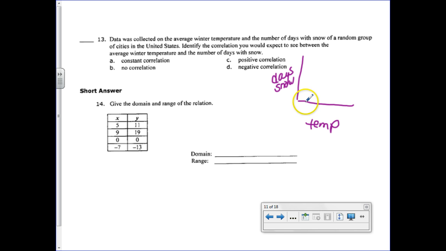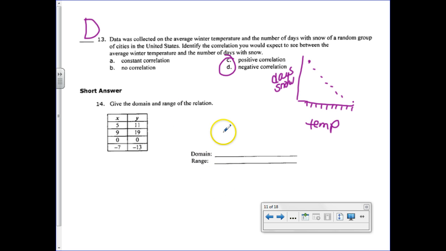As my temperature gets warmer, how many days would you have with snow when the temperature is really hot? You'd have next to none. But if the temperature was really cold, the likelihood of having days with snow would be higher. You can anticipate this would be D, a negative correlation.